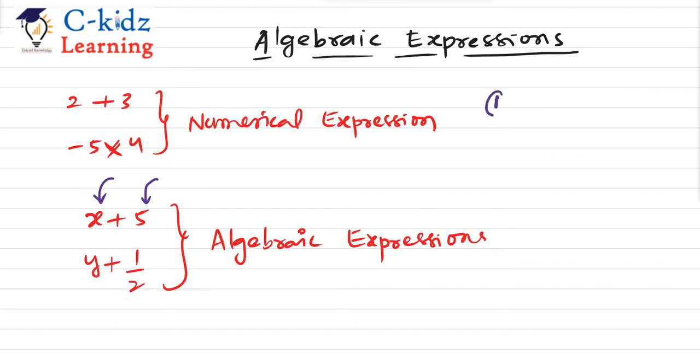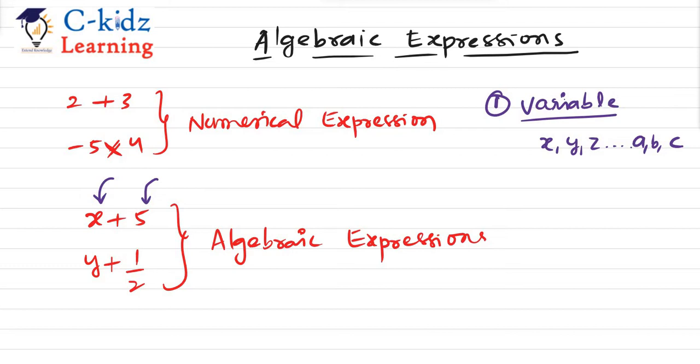First thing we must know is about a variable. What is a variable? A variable is nothing but that which varies. All the alphabets like x, y, z, a, b, c, we put these variables in place of numbers.